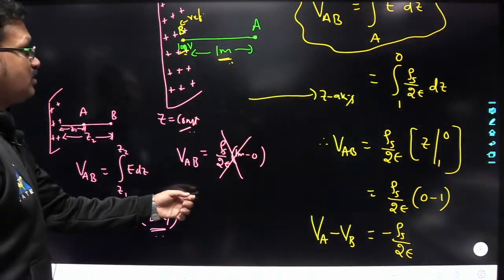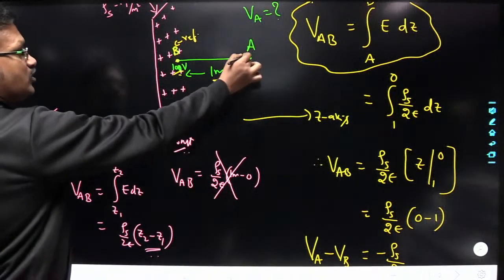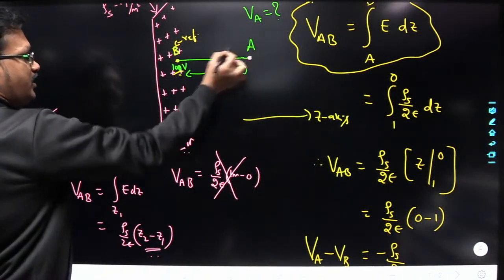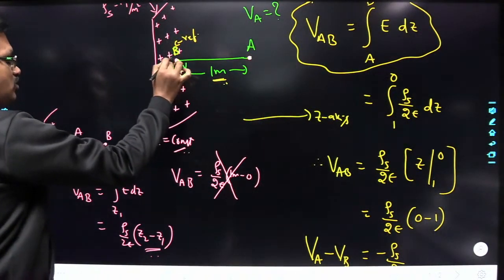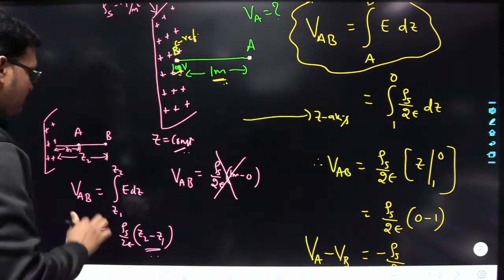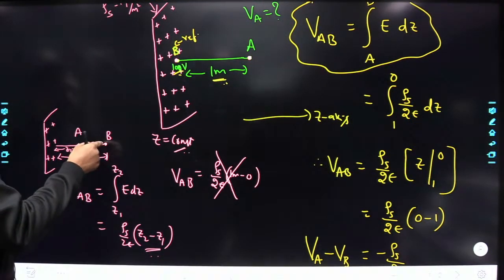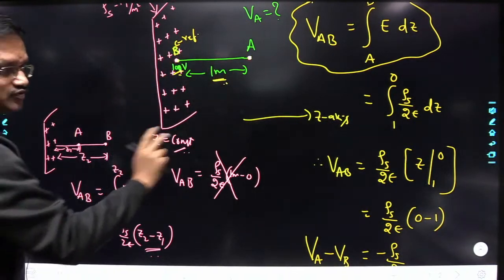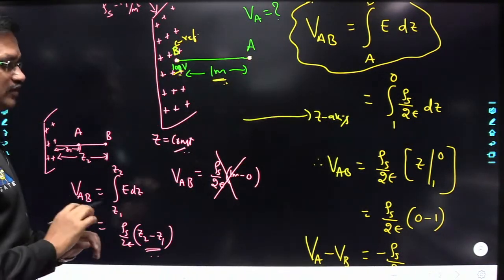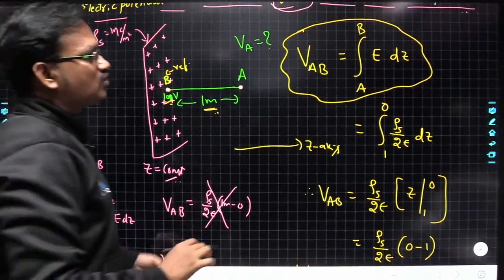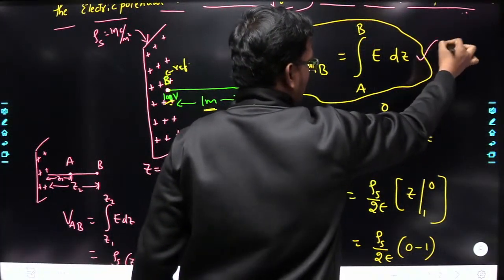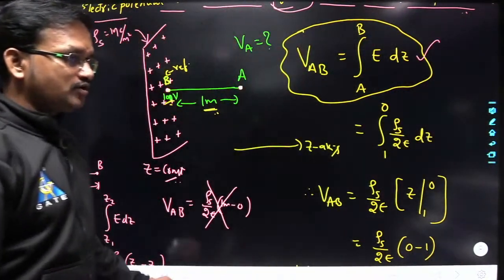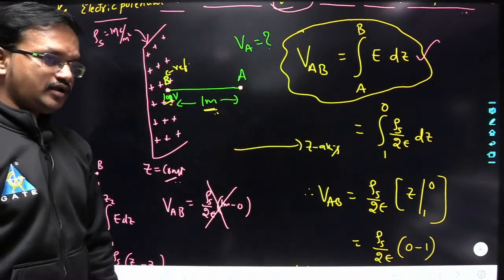But here you want to determine the potential at A with respect to B. Previously B was present here, now B is present to the left of point A, so that's why you are getting minus. So without any confusion, always follow this one, and you are going to get the correct answer, right?